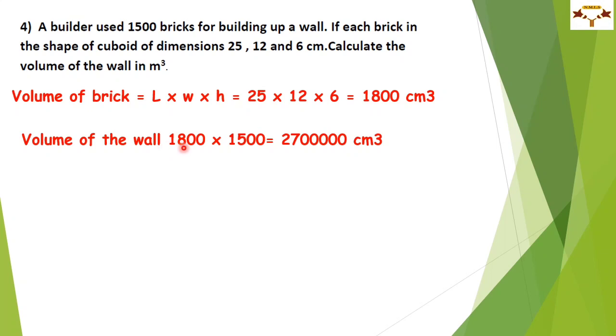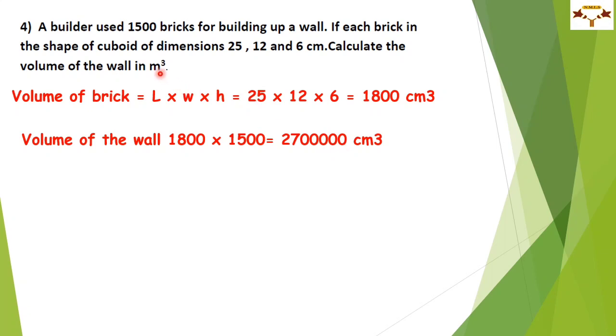So to find the volume of the wall, 1800, the volume of one brick, multiplied by the number of bricks, 1500, equals 2,700,000 centimeter cube.